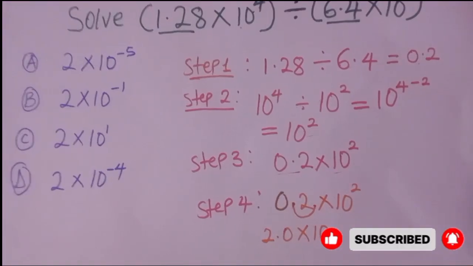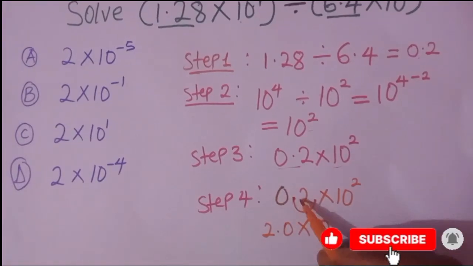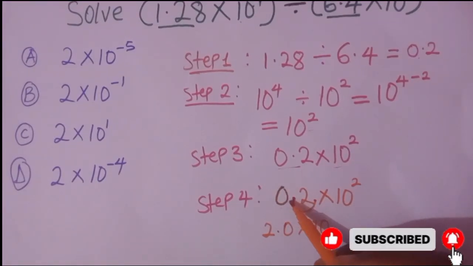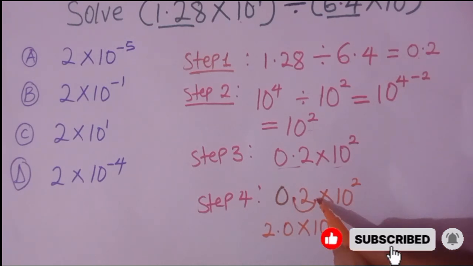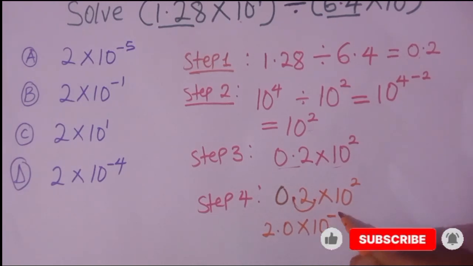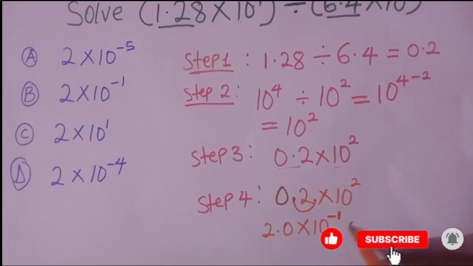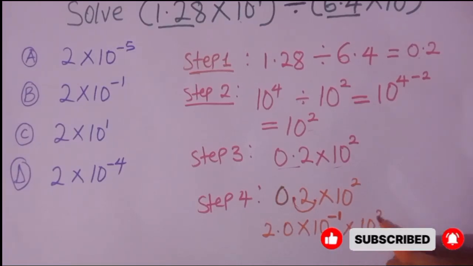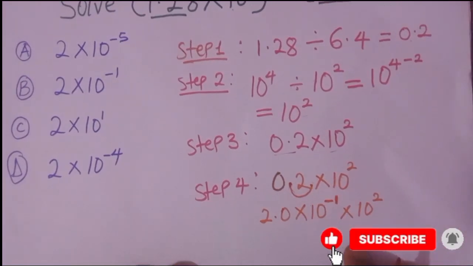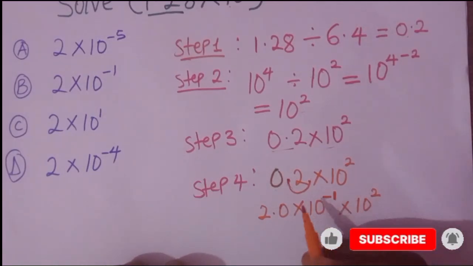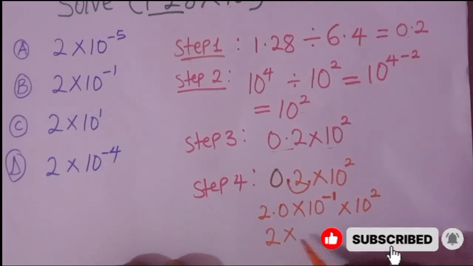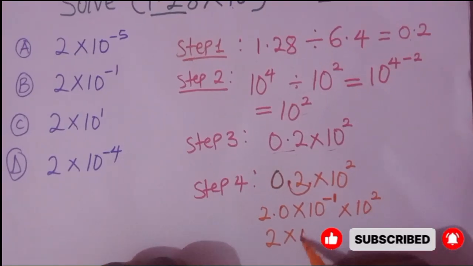Now, another key point you should take note of is that once we are taking the decimal point from the left to right, it is negative, and it's only one step we took, which is minus 1, multiplied by the power given. So if we multiply everything together, we have 2 times 10.